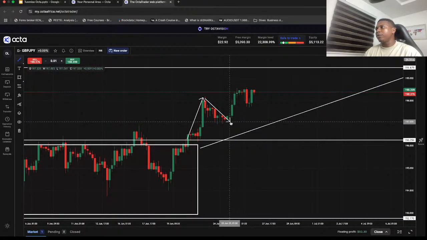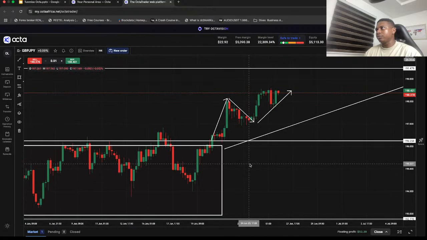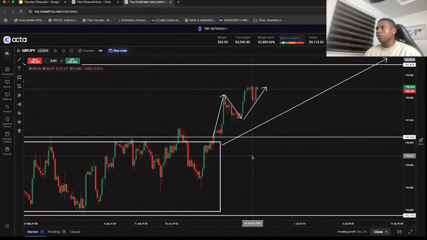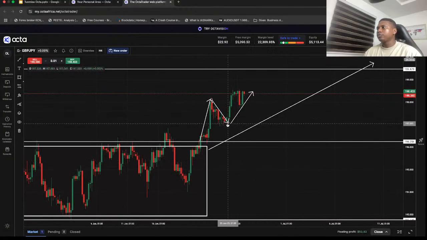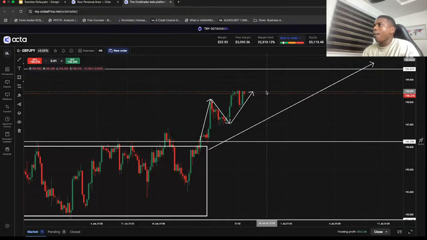After a pullback took place, then another push up in price happened. Okay, good. So here now we have that price is currently here.